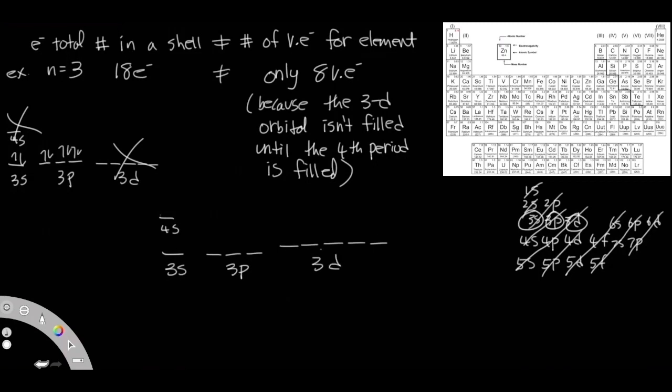I continue until I finish getting my 3Ds, because I care now, again, this here was for the total number of valence electrons. Now this is for the total electrons in the shell. Let's fill it up. And I can keep going with my 4s because I'm looking for the total number of electrons in that shell. I can go up higher. I'm not limited to that next principal quantum number.